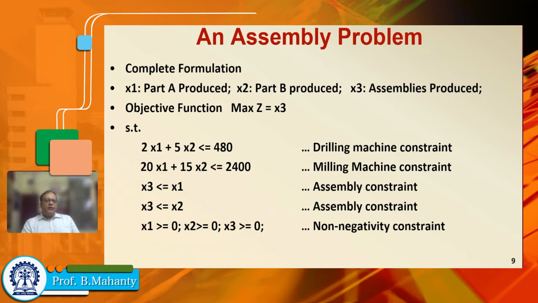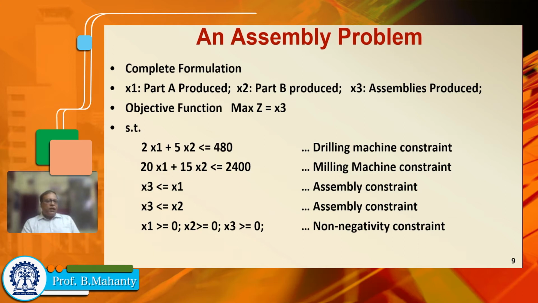That means we can rewrite them as minus x1 plus x3 less than or equal to 0 and minus x2 plus x3 less than or equal to 0. It is better to keep the less-than-or-equal-to type of constraint, because in that case we do not have to add any artificial variable. We can simply manage with slack variables.